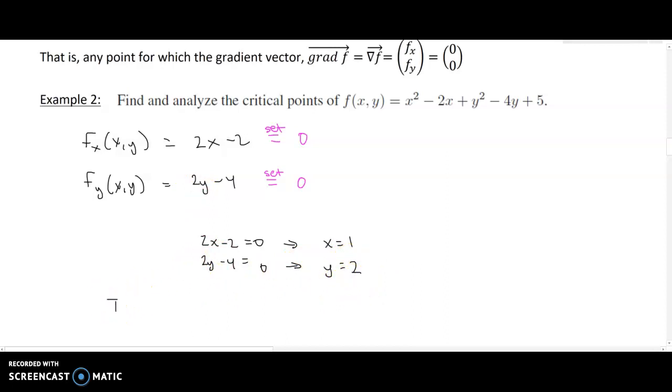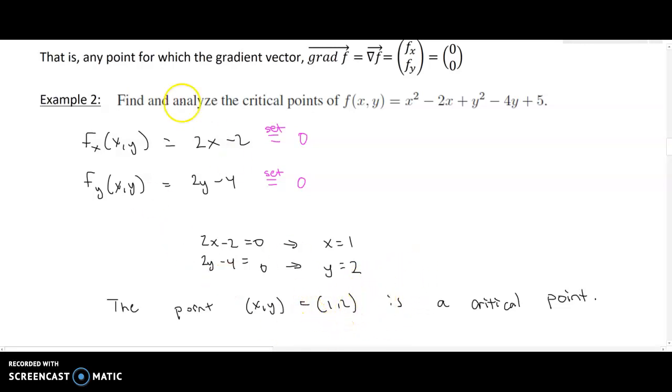So what we can conclude is the point (x, y) equals (1, 2) is a critical point. Now we don't yet know whether that's a maximum, a minimum, or neither of those two points, so we need to do some further investigation.